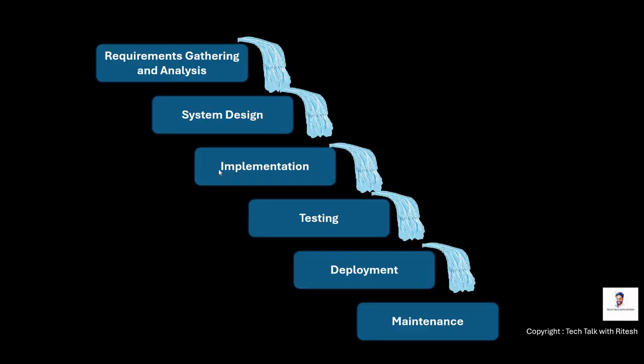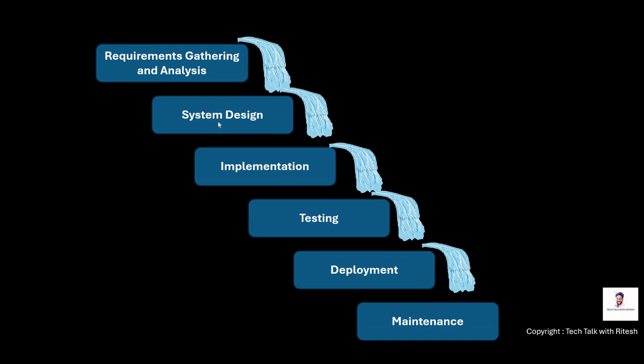This diagram depicts why it is called waterfall, because we have already gone through the various stages of the software development lifecycle: requirement gathering, system design, implementation, quality assurance, deployment, and finally maintenance. These are different phases. Once the requirement gathering is complete, we move on to the next phase, system design. Once system design is complete, we move on to implementation, then testing, then deployment, and then maintenance.